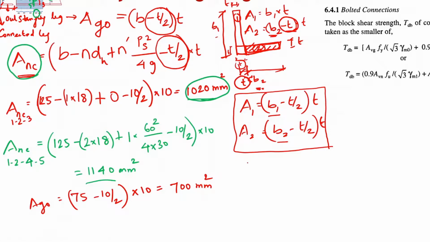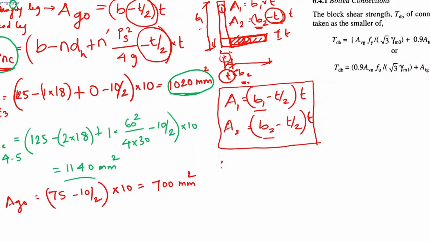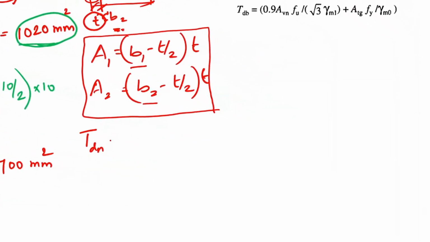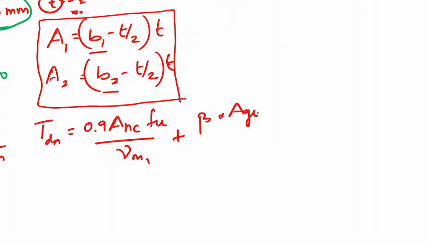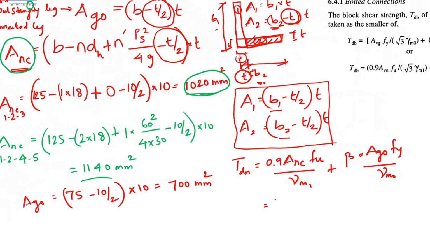Now you need to substitute that in the equation. Again, let me write the equation. Tdn is equal to 0.9 times the net area of the connected leg into Fy by gamma m1, plus beta into the gross area of the outstanding leg multiplied with Fy upon gamma m0. Okay, let's write all the values. The least net area of the connected leg is 1020.